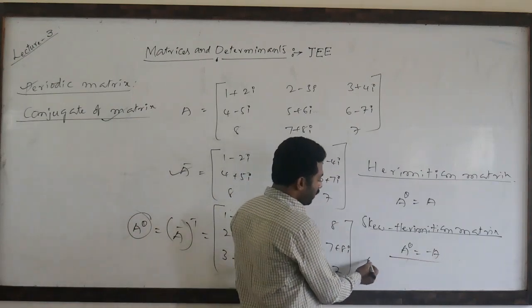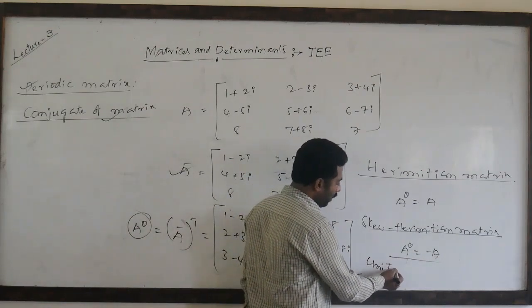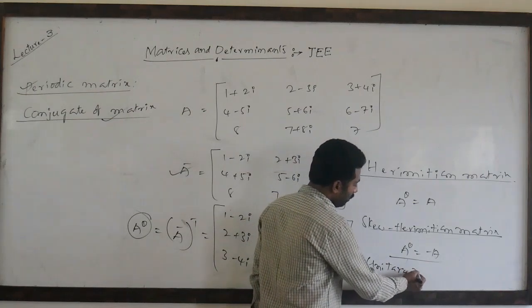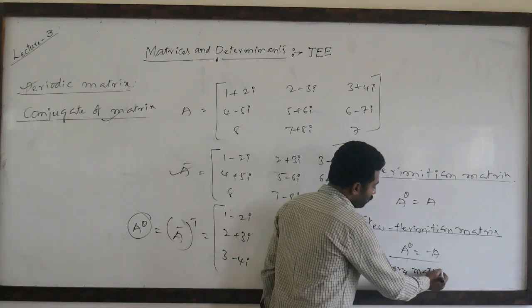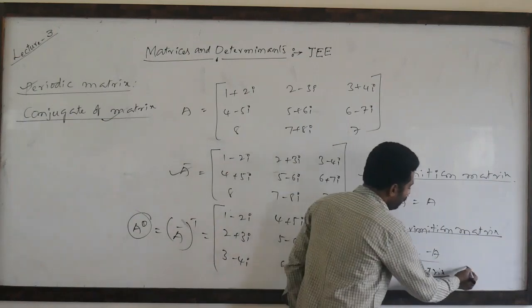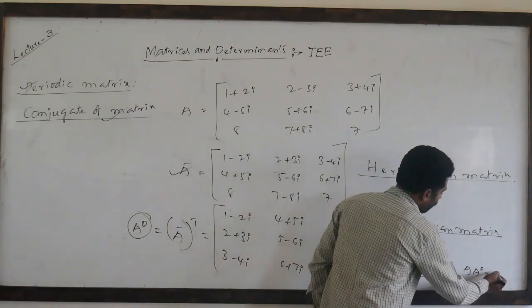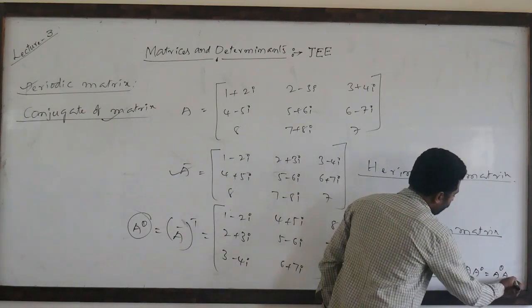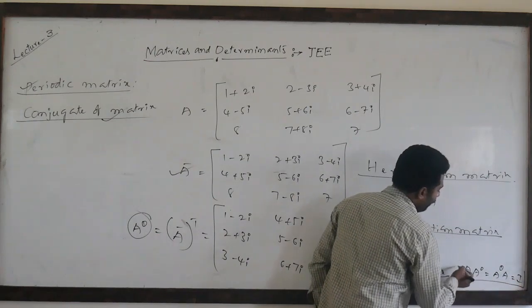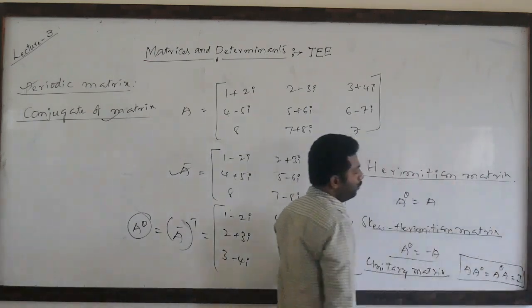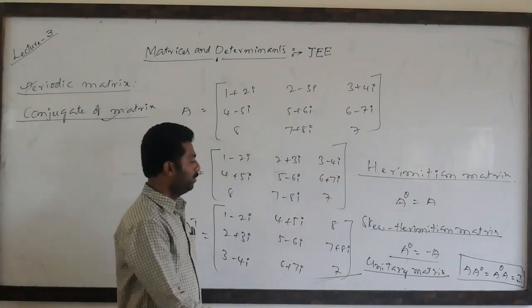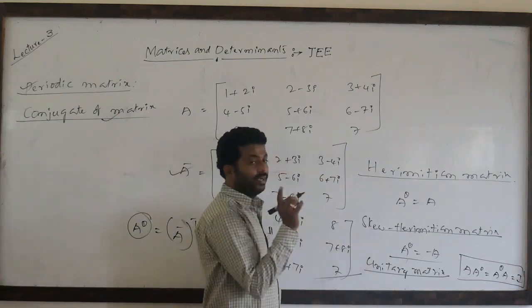Next, unitary matrix. What is a unitary matrix? A into A power theta equals A power theta into A equals the identity matrix, that is a unitary matrix. So a unit matrix is different from a unitary matrix.